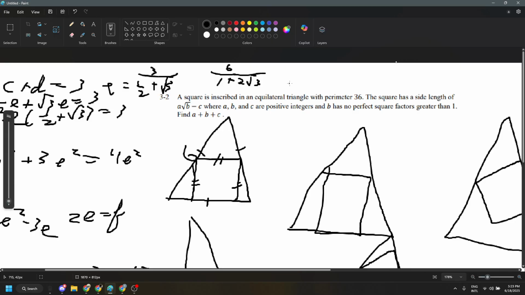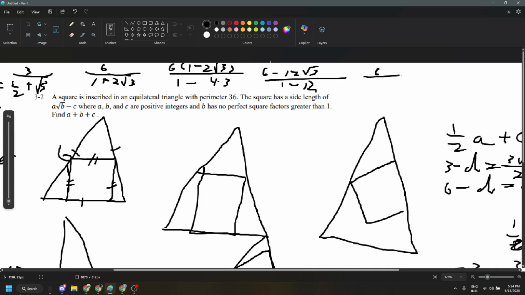Now I multiply by 1 minus root 3. So 6 times 1 minus 2 root 3 over that times that, which is squared, so minus 4 times 3. So 6 minus 12 root 3 over 1 minus 12. So 6 over negative 11 plus 12 over 11 root 3.